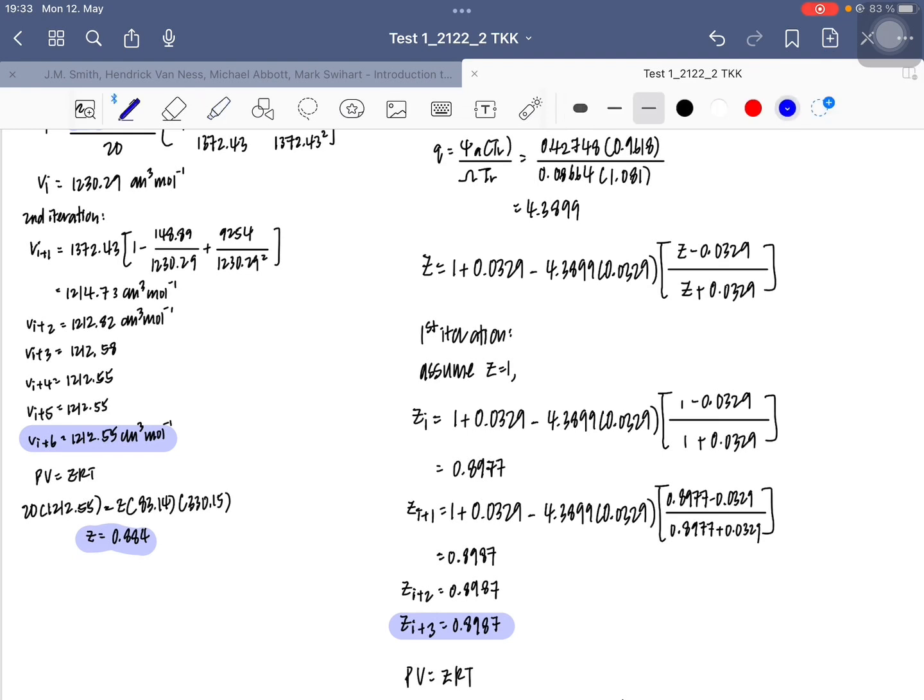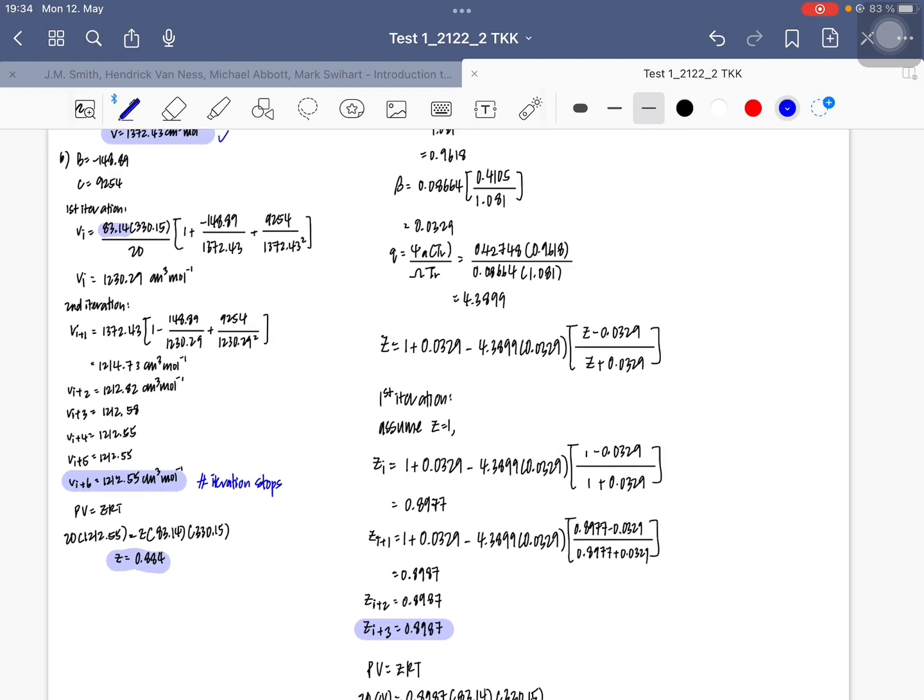Once I get the fixed volume, this is where iteration stops, because the values are constant.